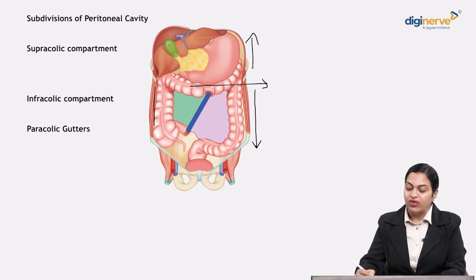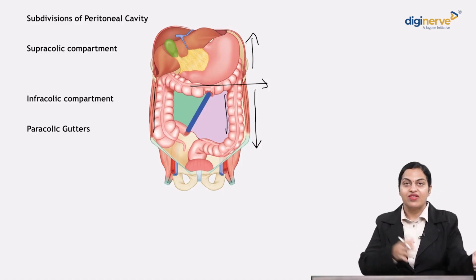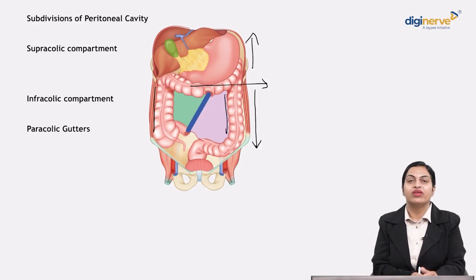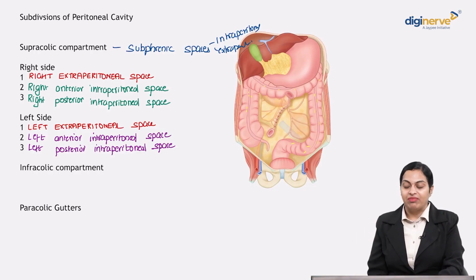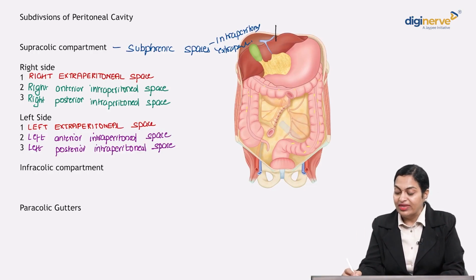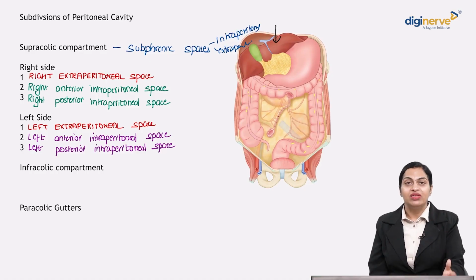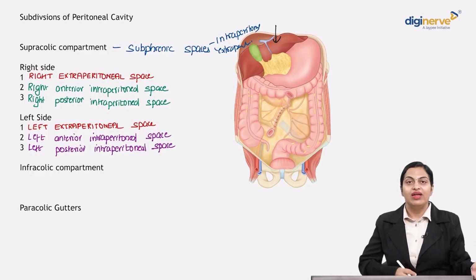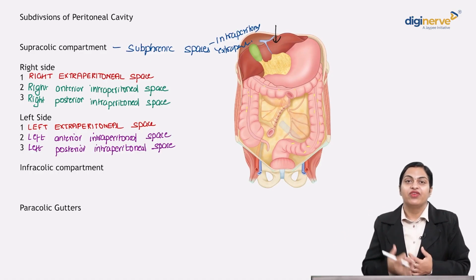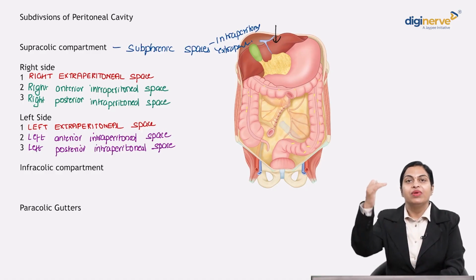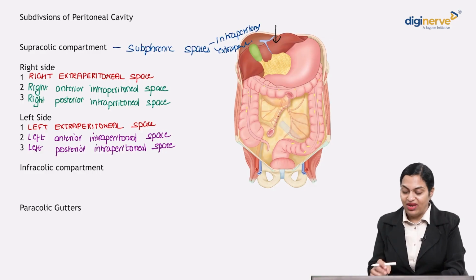The space on either side of the ascending colon and descending colon, we call the paracolic gutter. The supracolic compartment, with the presence of the liver, is going to be further divided into right and left subphrenic spaces because these spaces are situated below the diaphragm.